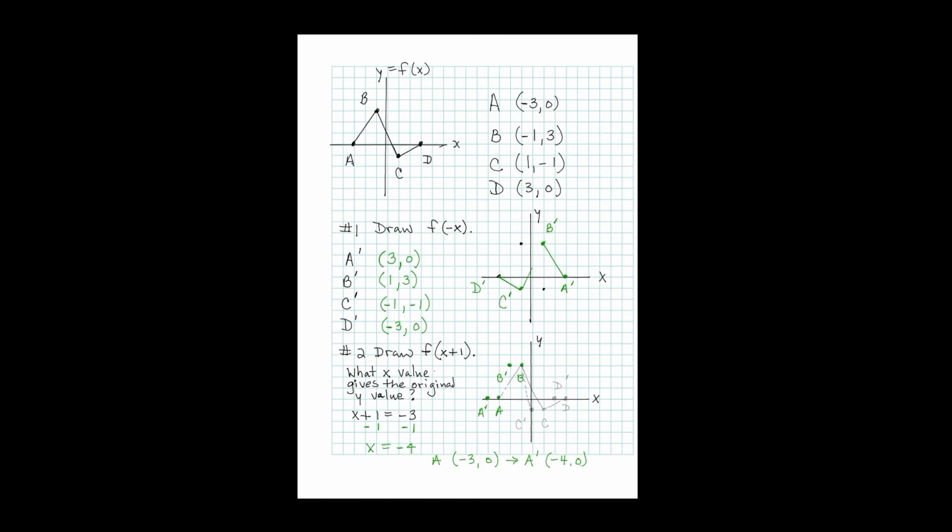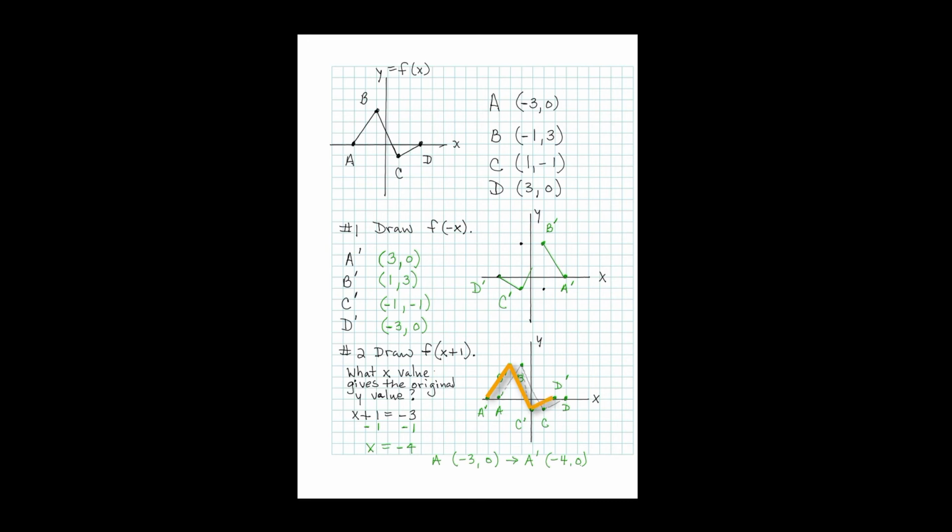And C, which is at 1, -1, is going to get translated to the left 1 unit. And then D is at 3, 0, and so translate that to the left 1 unit. And now I'm going to connect A prime and B prime, and B prime and C prime, and C prime and D prime.